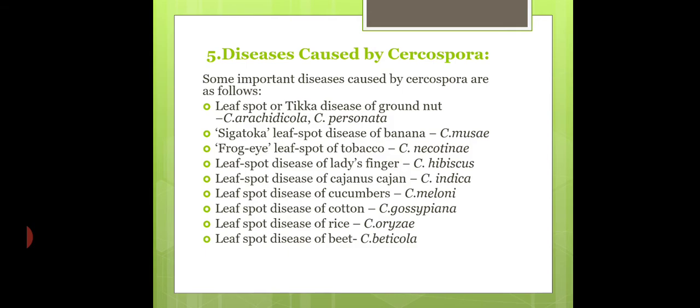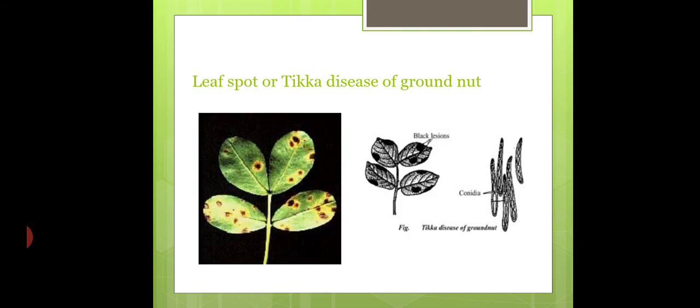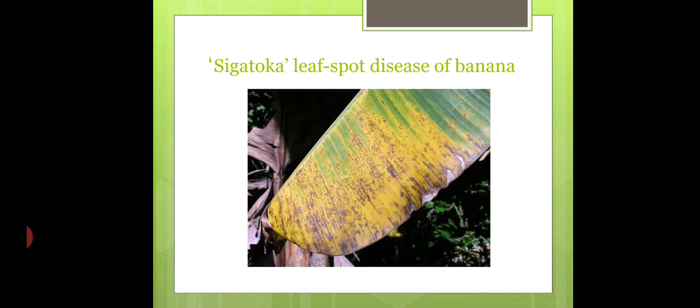And this is the leaf spot or Tikka disease of groundnut, and practical also it is there. You should identify it, as it sometimes comes under identification. So this is a Tikka disease of groundnut. And Sigatoka, leaf spot disease of banana, is very common in our area.